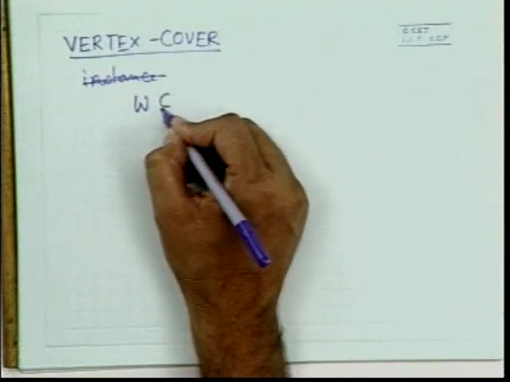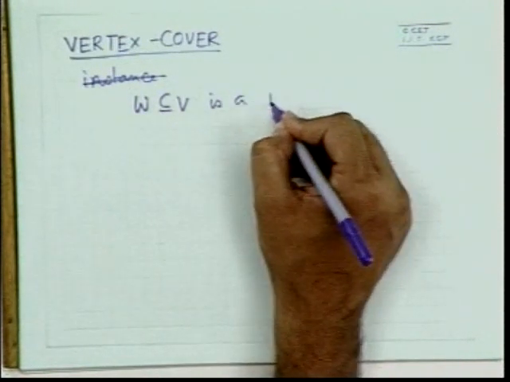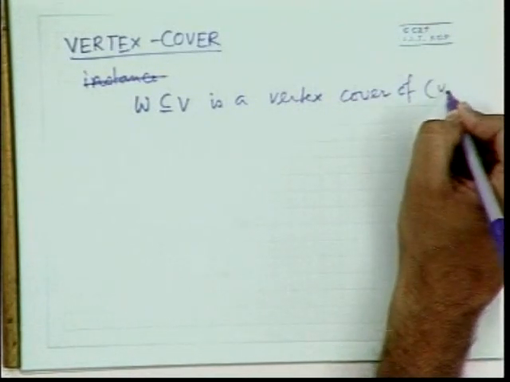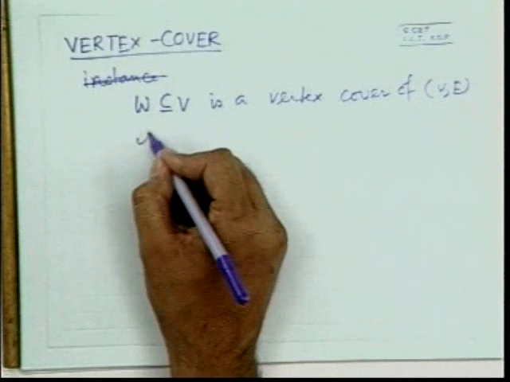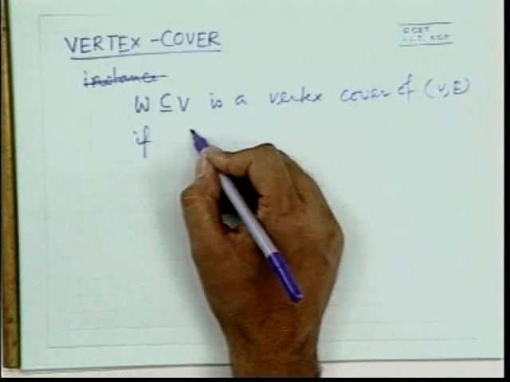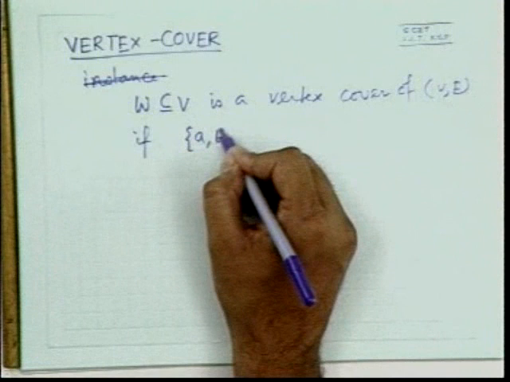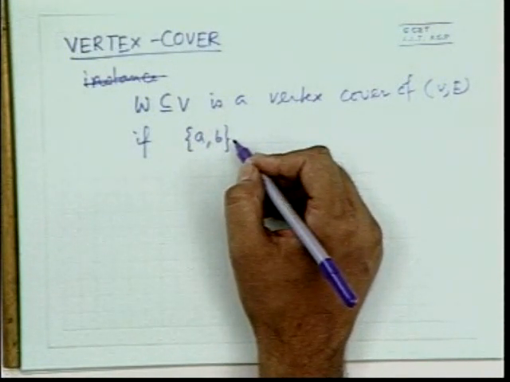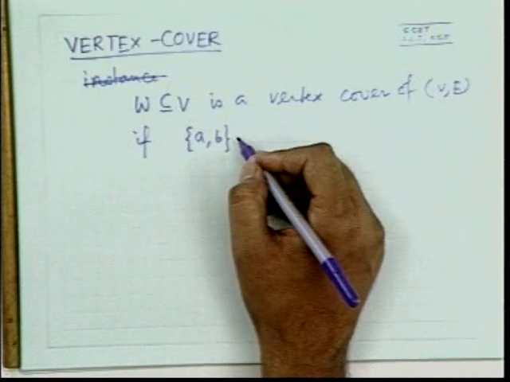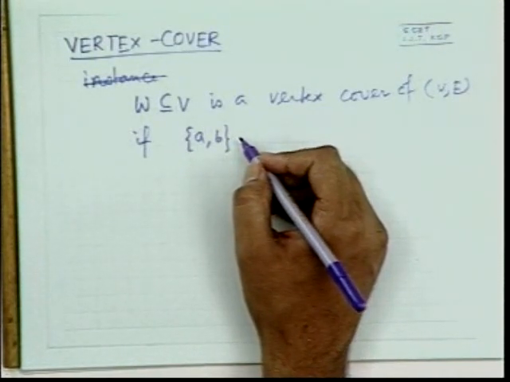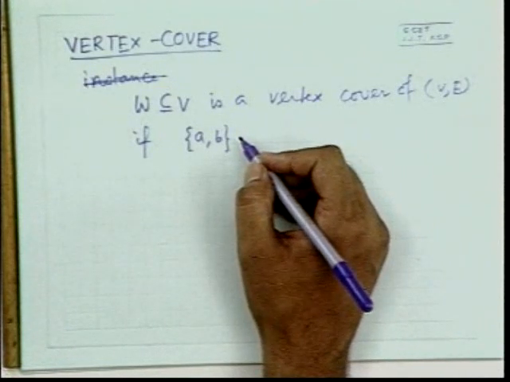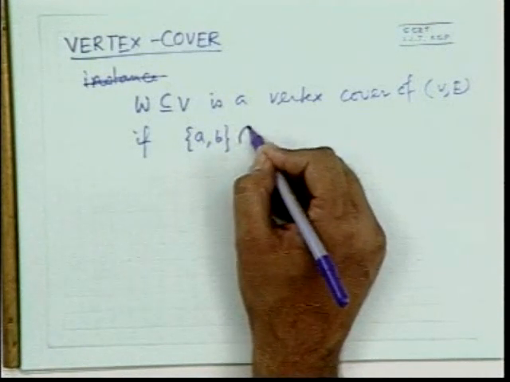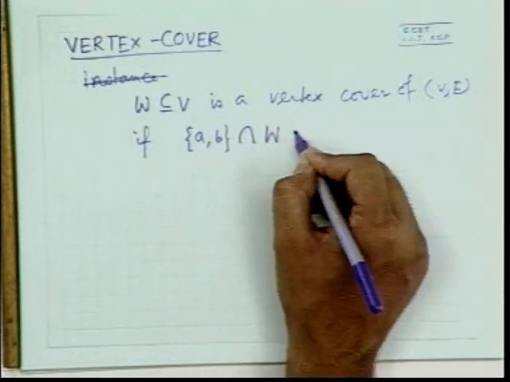A subset of vertices W is a vertex cover of (V, E) if any edge AB you take from the graph has at least a vertex in W. That's why it is called the vertex cover. It is as if these vertices are covering all edges. You take any edge AB from the graph, its intersection with the set W must be non-empty.